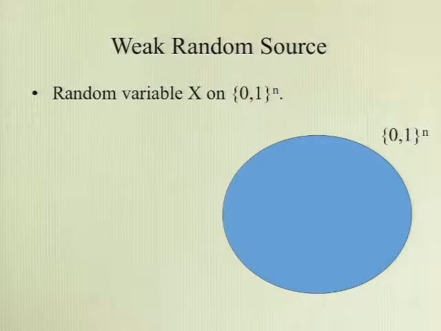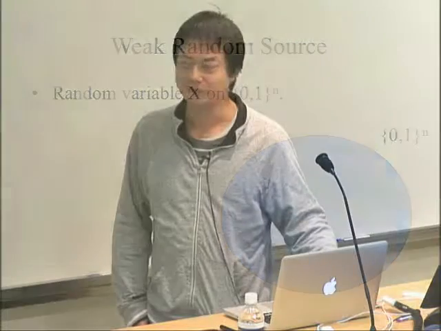All right, so as I just said, we're assuming that the two parties share a weakly random string, and the formal model for a weak random string is called a weak random source. Basically, if we have an n-bit string, then the weak random source is just some random variable, or probability distribution, over the n-bit strings.